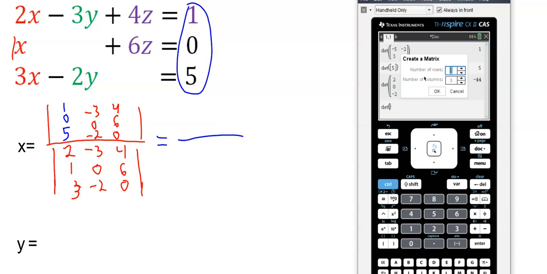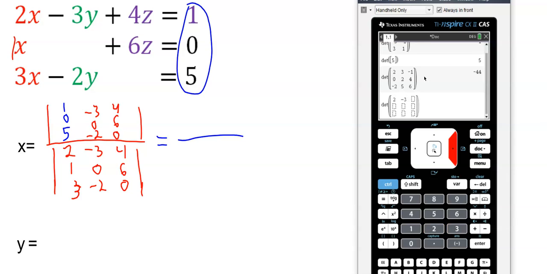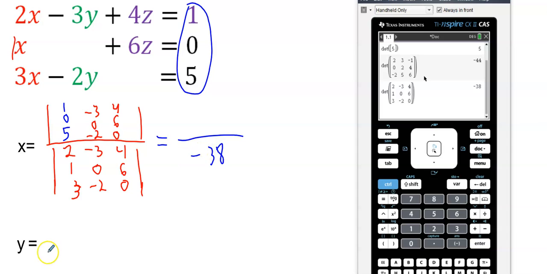I also like to get the separate answer here. So this is 2, -3, 4, 1, 0, 6, and 3, -2, and 0. So the denominator is -38. I like that because now when I do my y value, -38 is my denominator, right? I already know it, same denominator. This one is, well, let's work it out here.